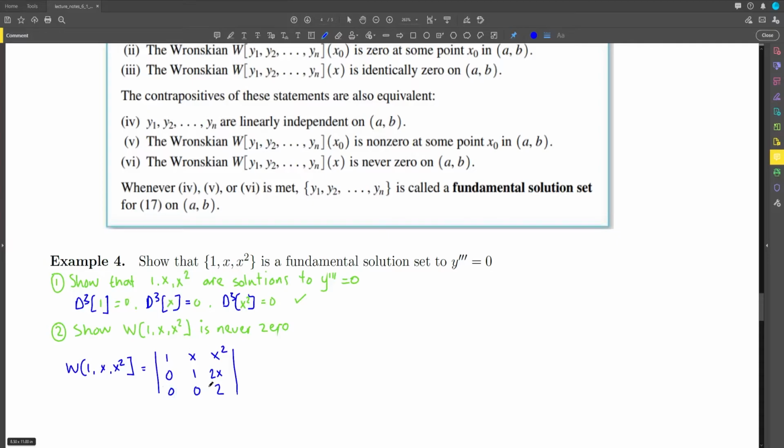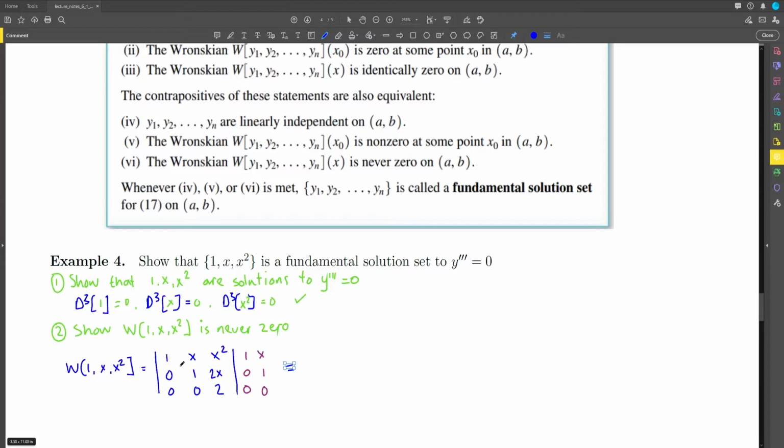Now, in order to compute this 3 by 3 determinant, I'm going to apply the trick that we discussed earlier. I'm going to copy down the first column, and then copy down the second column. Now I'm going to look at the diagonal products.